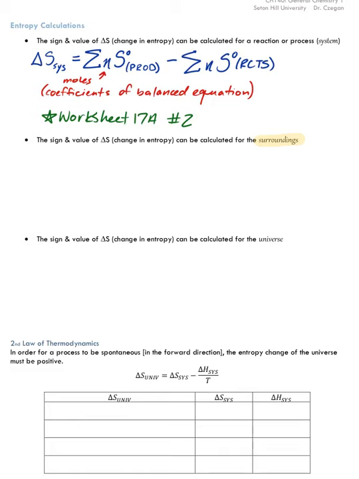So the change in entropy of the surroundings is entirely dependent on temperature change. And the temperature change of the surroundings is going to be dependent on the delta H of the system.